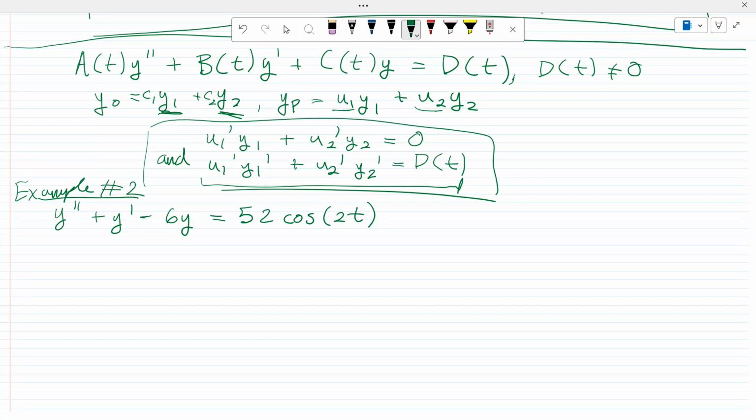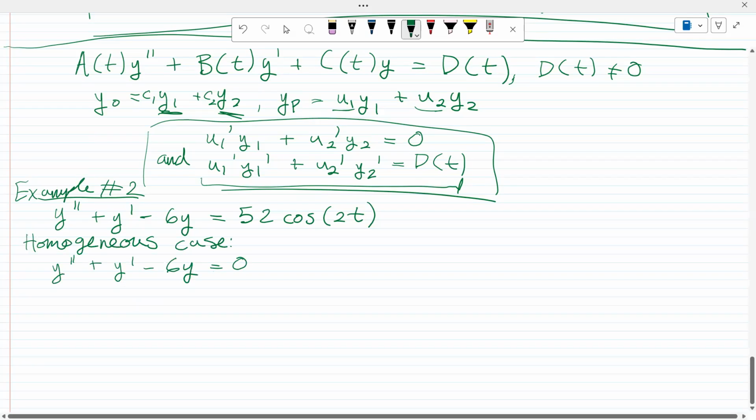Okay, so this is a non-homogeneous linear second-order differential equation. And so we start off by trying to solve for the homogeneous case. So we have that y double prime plus y prime minus 6y is equal to 0.